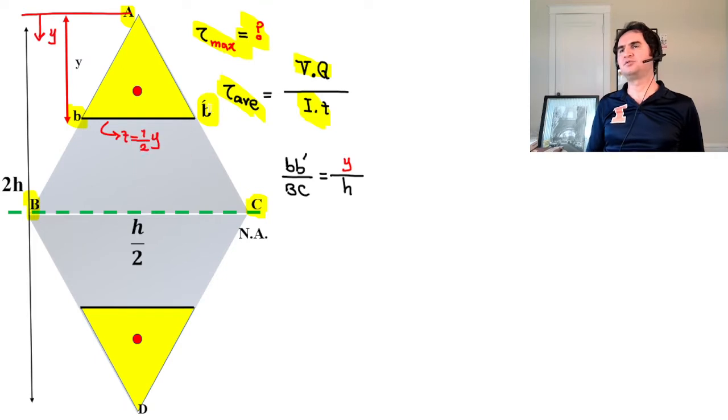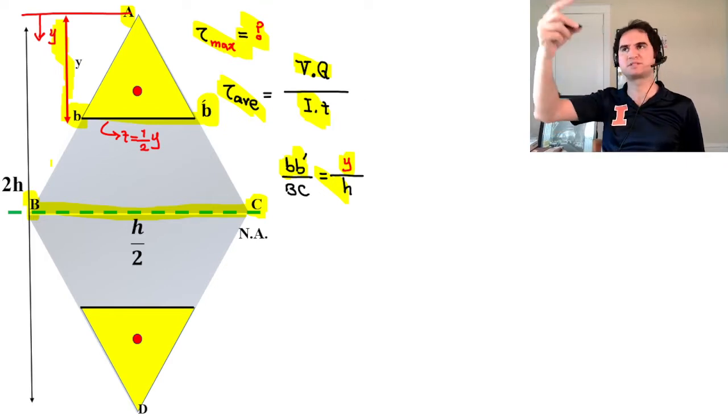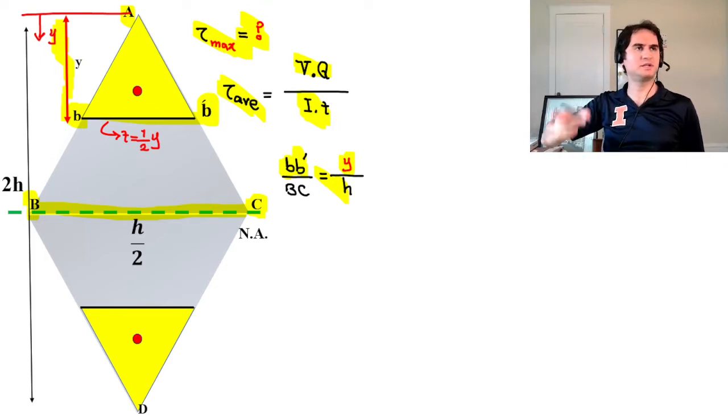If you write down the relation of BB prime over BC, it is exactly like y over h, if we consider this height y over h, which is the height of the top section, because the total height is 2h and it's a symmetrical shape.